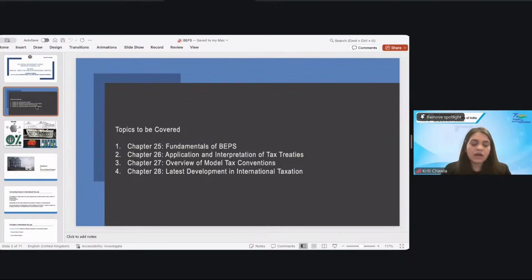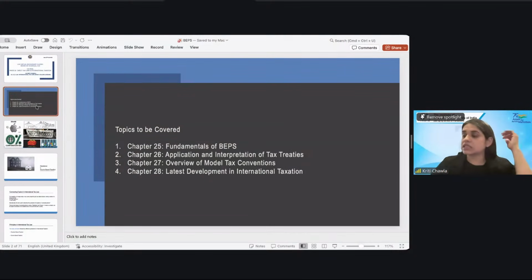So our objective of today is to cover these four chapters for the purposes of paper 4. How I have actually structured this particular presentation is to start with international taxation first. So we will be talking about basics which are relating to international taxation. And this is what is part of chapter 26, which is application and interpretation of tax treaties.